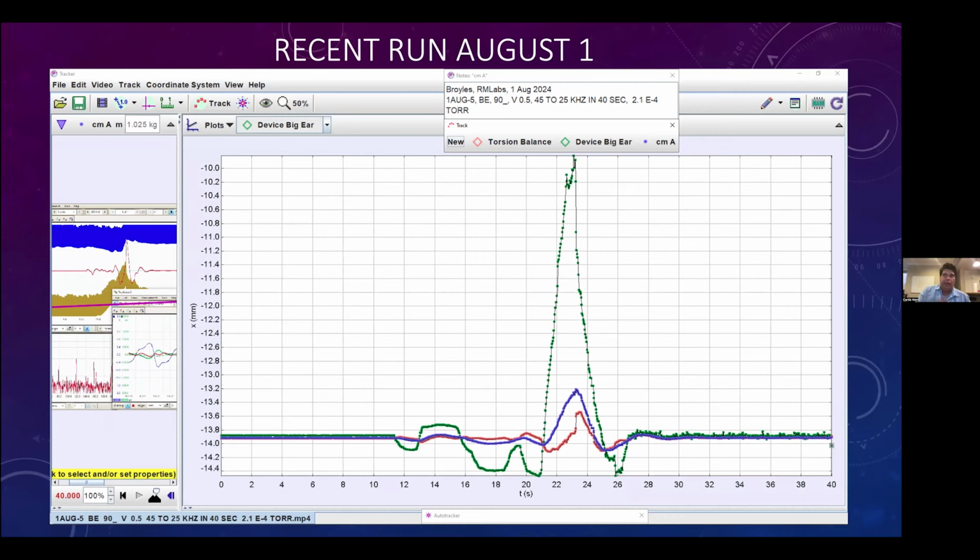So the green is the device itself. The blue is the averaged momentum, and the red is the torsion arm, which is a lot more massive than the device. The device is about 150 to 160 milligrams, and the torsion arm is more like 800 milligrams, so in total it's about a kilogram of mass.